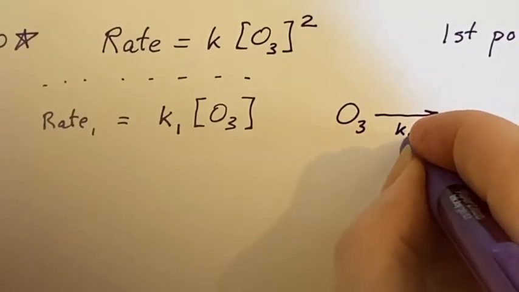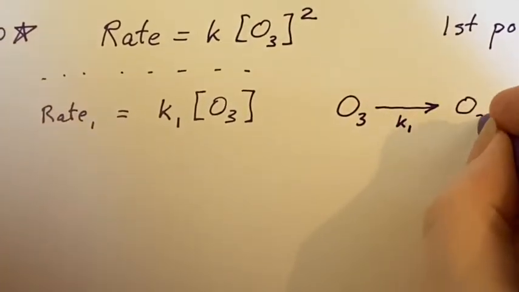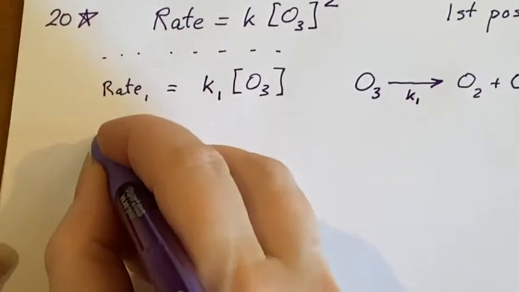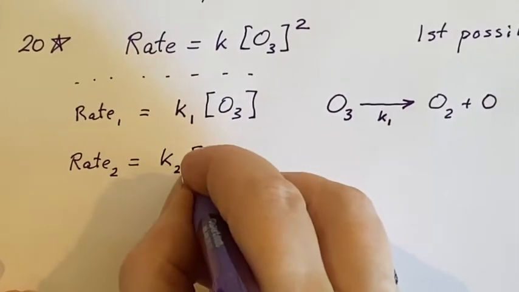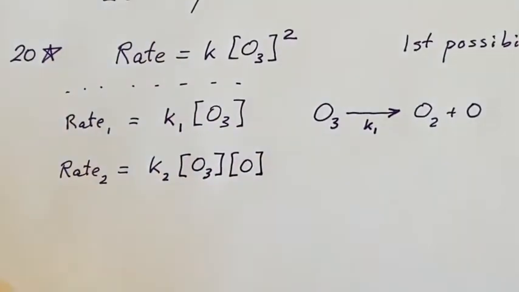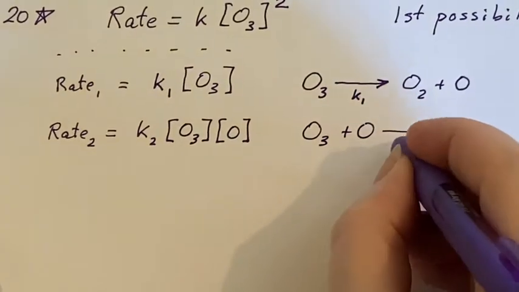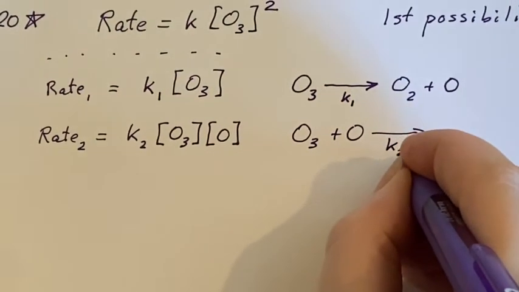Here's the rate at which it's going this direction and breaking up into these 2 items. And then I'll look at the second step. It is bimolecular, k2. And it's a collision between ozone and monatomic oxygen, O3 plus O, becoming O2 and another O2. And this is happening at a rate k2.